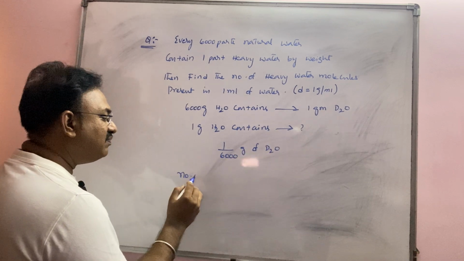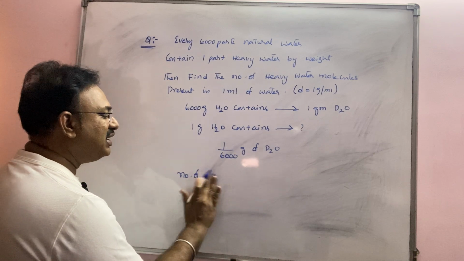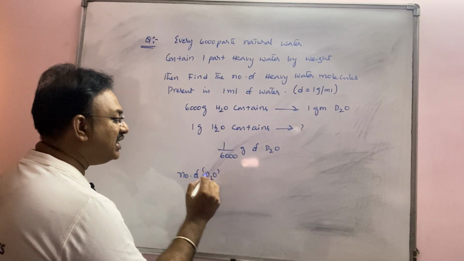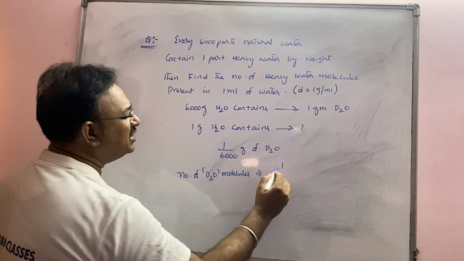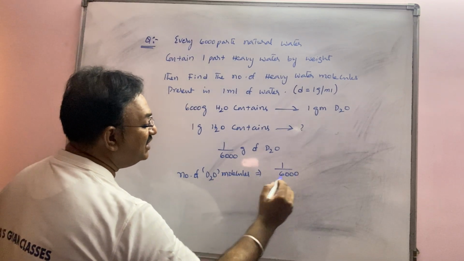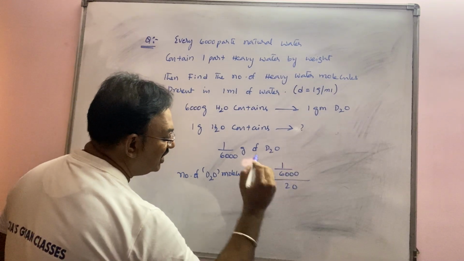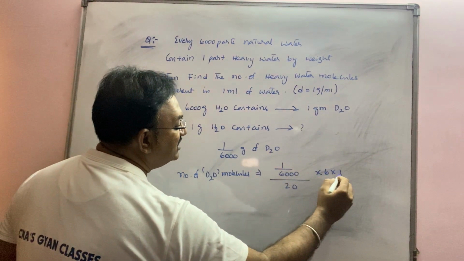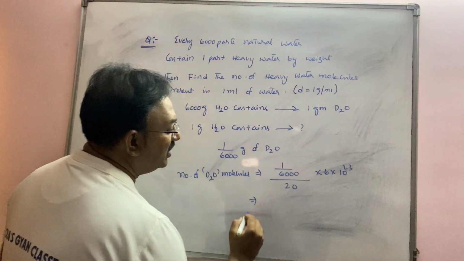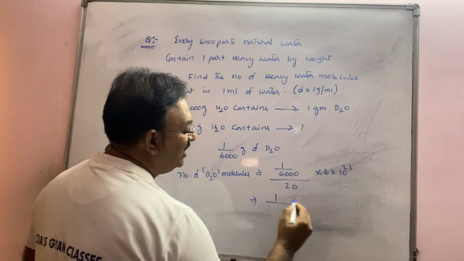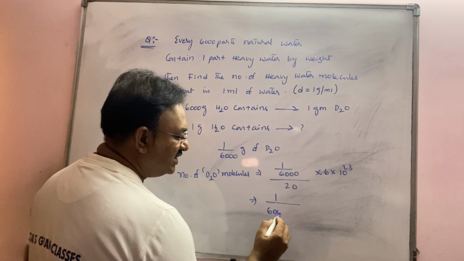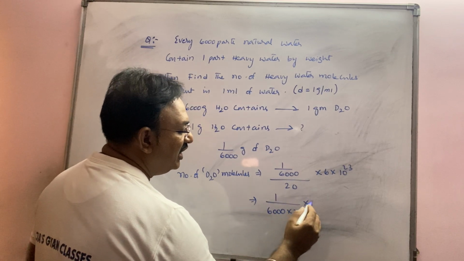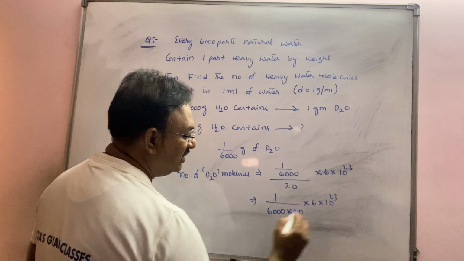Then for the number of molecules, what is the formula? The number of molecules is the number of moles into Avogadro's number. So 1 by 6,000 divided by the molecular weight of heavy water, 20, into 6 into 10 power 23. So 1 by 6,000 by 20 can be written as 1 by 6,000 into 20 into 6 into 10 power 23.